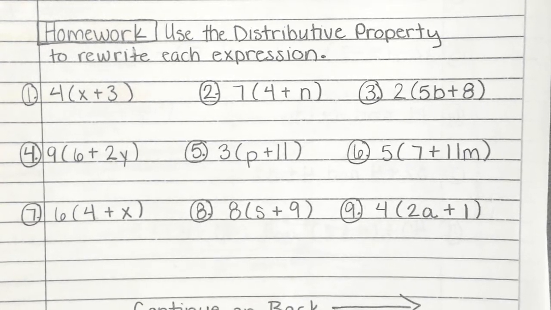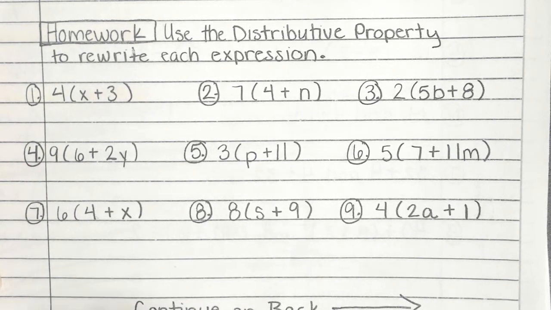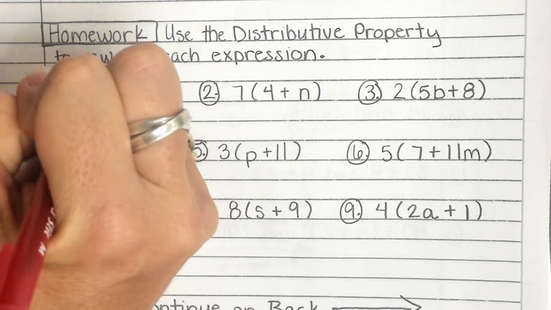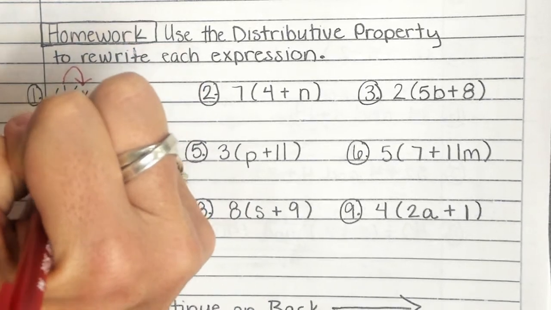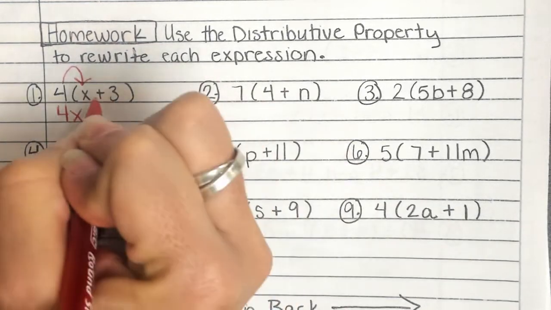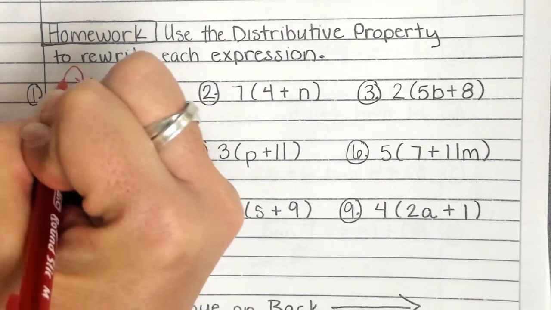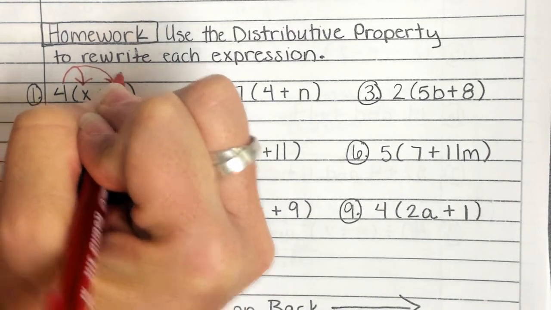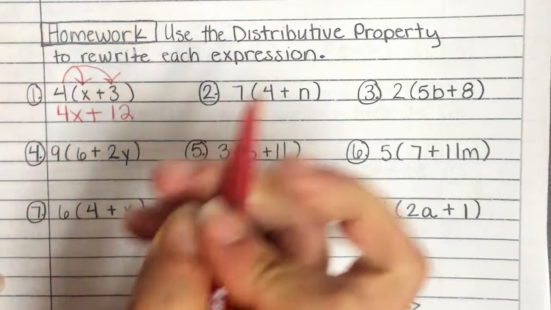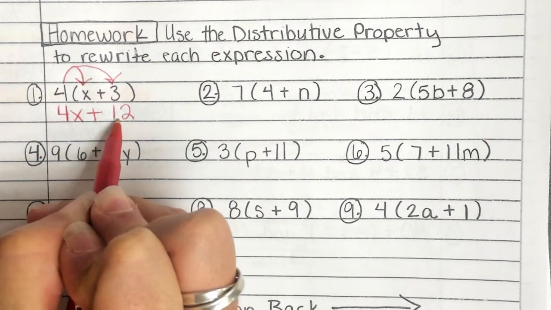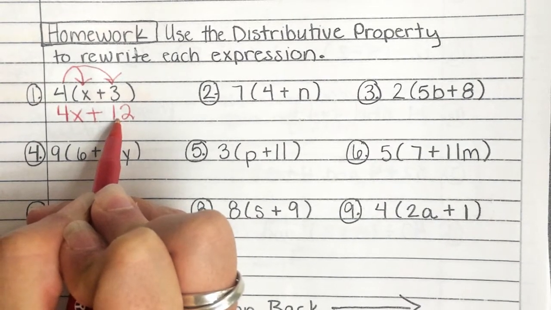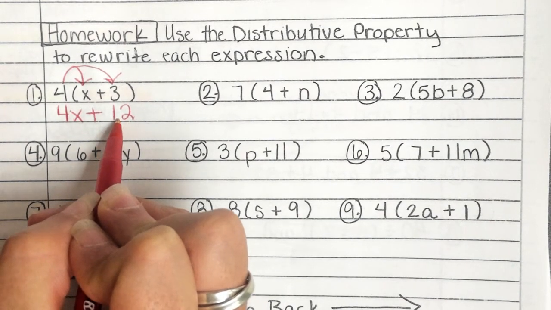So kind of check these first few before you move on. Like 4 times x would be 4x. Bring down the plus, and then 4 times 3 is 12. That is it. That's the way it should be written. Listen, there's no other way to write it.